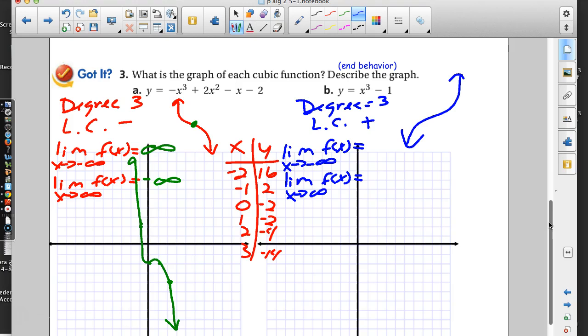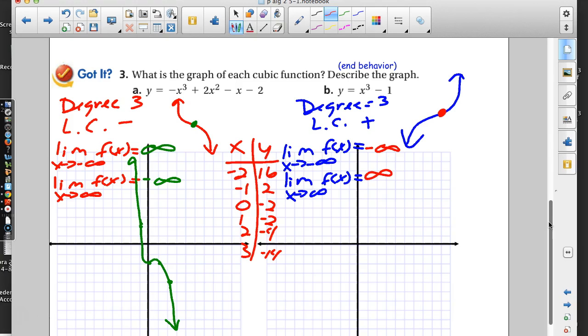Put your dot in the middle. As you go to the left, are you going up or going down? Down, negative infinity. Back to that dot. But this time go to the right. Are you going up or down? Up, infinity.